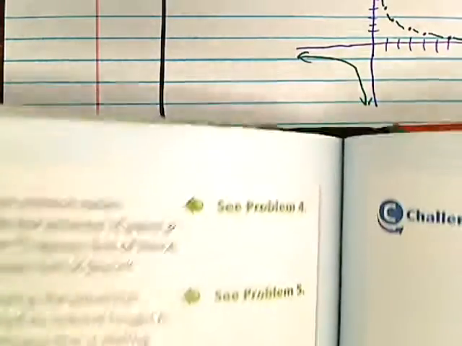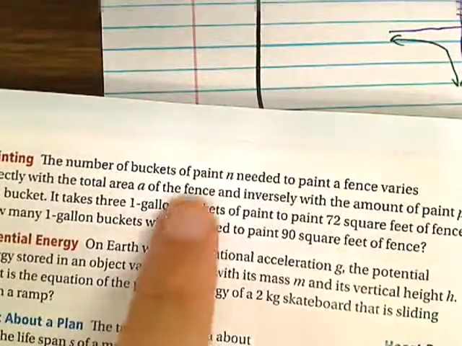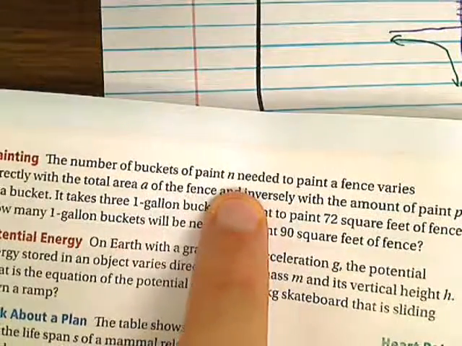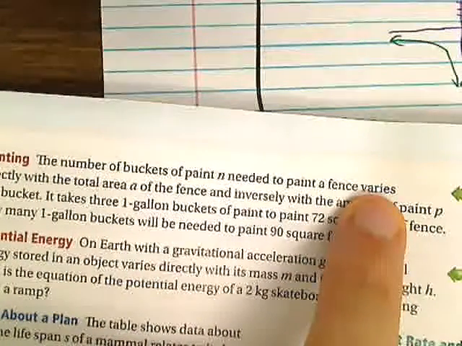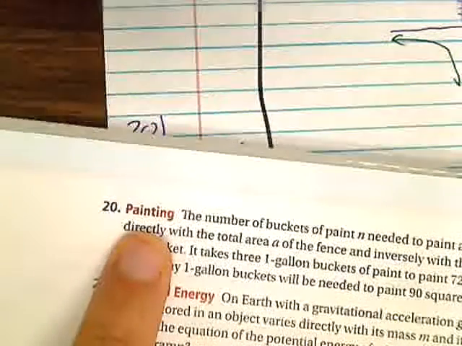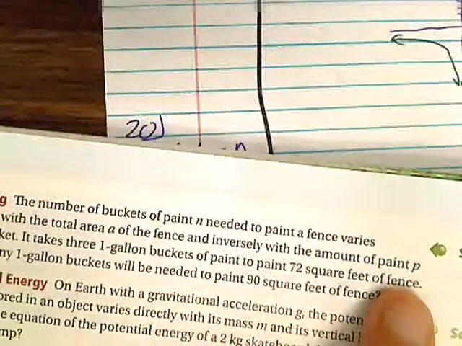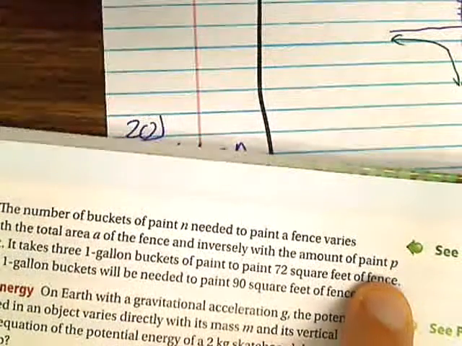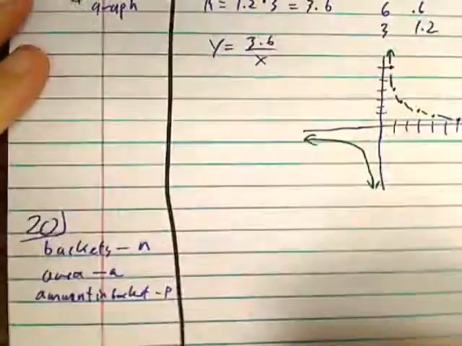Now, I want to look at this sentence. The number of buckets, so we'll start with N. For varies, look at your notes. We're going to put equals K. Directly goes in the numerator. Inversely with P goes in the denominator. So keep those notes handy.